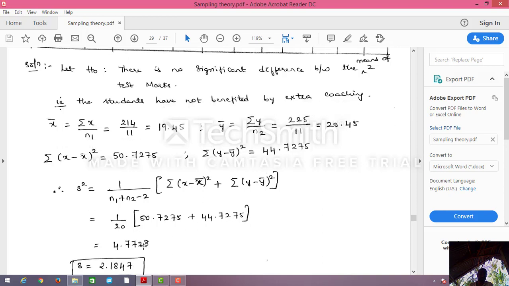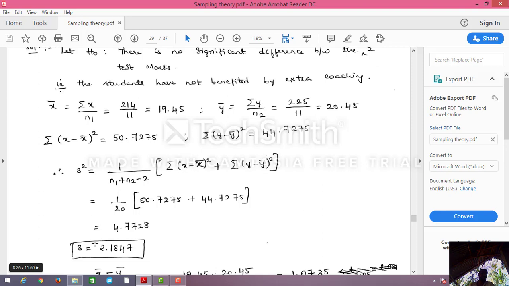If you add both and divide by 20, you will get s square equal to 4.7728.